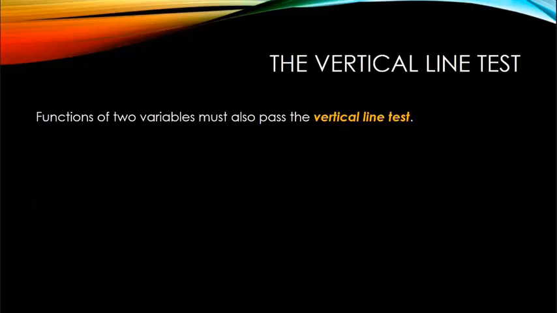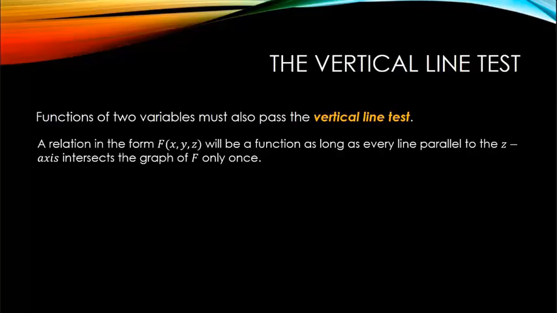Just like my functions in one variable, functions of two variables also have to pass a vertical line test. This means that a relation in the form of capital F of x, y, z will only be a function as long as every line that's parallel to the z-axis intersects the graph of capital F once and only once.